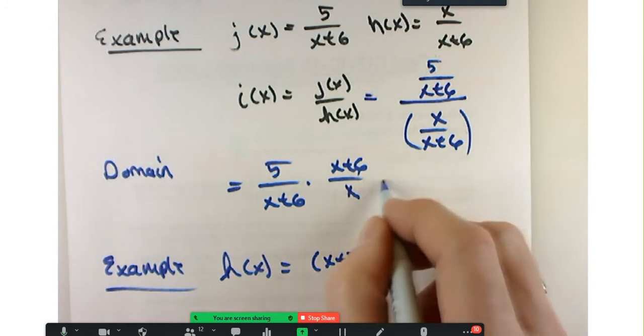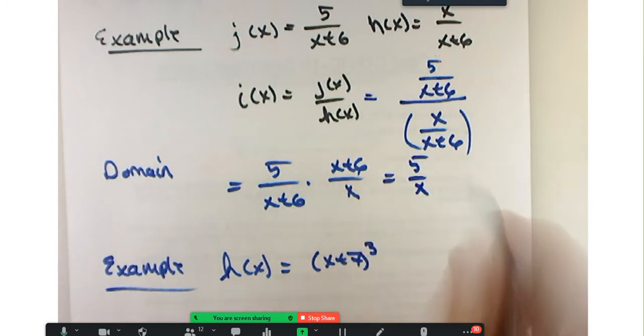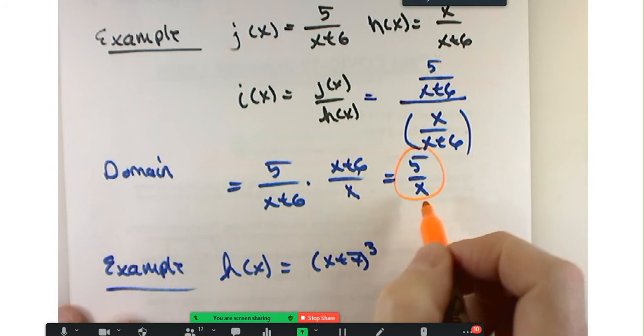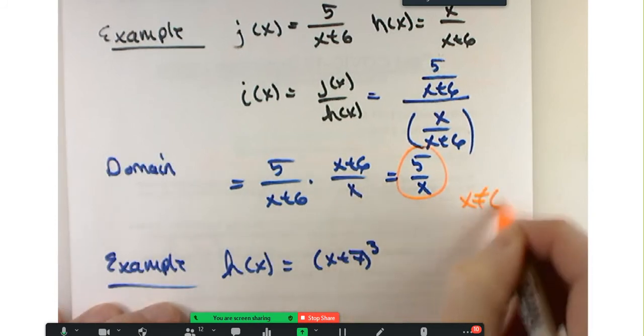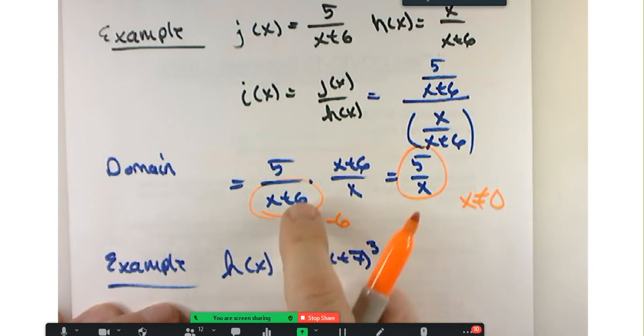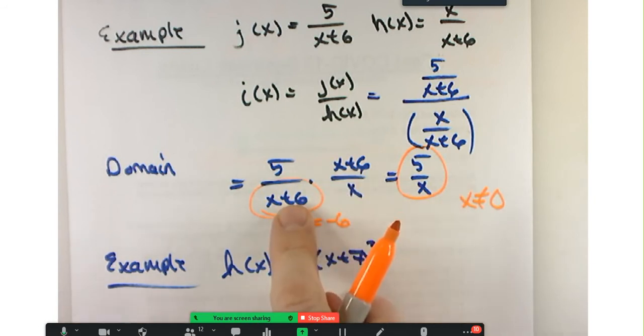Equivalently, the graph's going to look like this. But technically, in addition to x can't equal 0, x can't equal -6. Because before you cancel out, a -6 will create problems in the denominator.